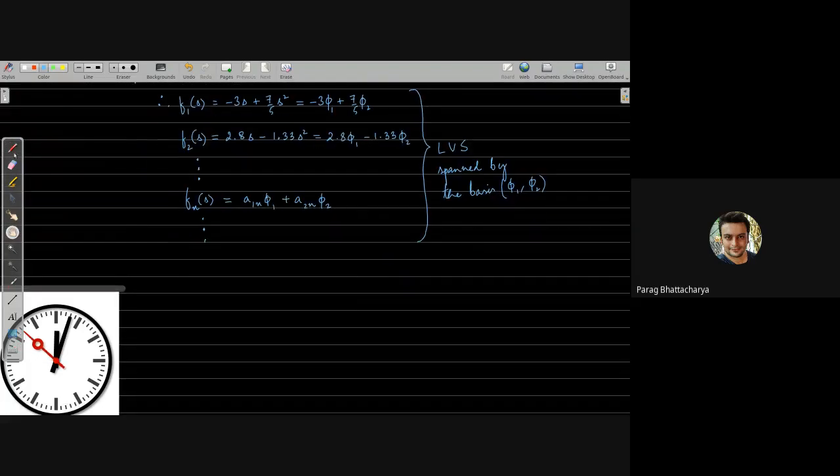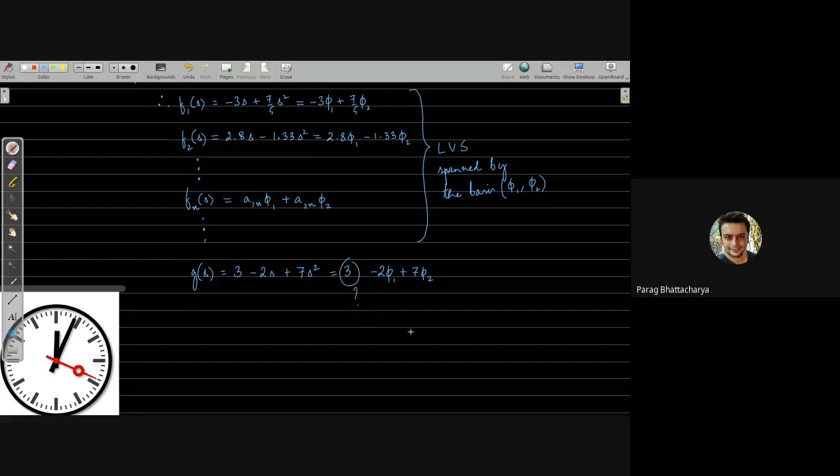Now, if I give you another function, let's say some function g of s is equal to 3 minus 2s plus 7s square. Can you write this in terms of phi1 and phi2 alone? We have minus 2 phi1, and then we have plus 7 phi2. That's fine, but there is a 3 here. See, there's one additional term.